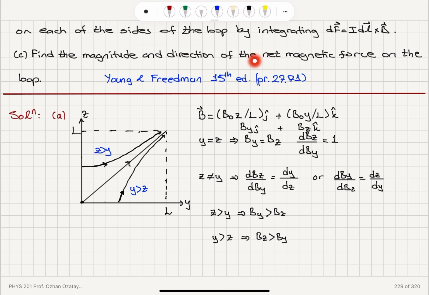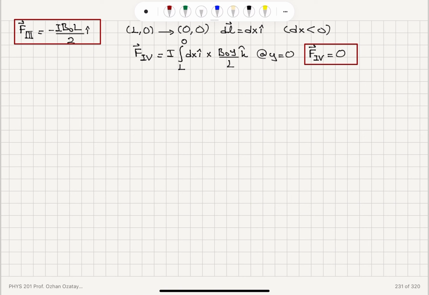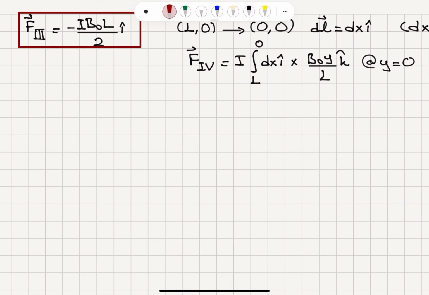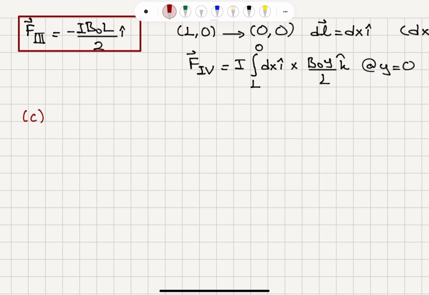Okay, so let's move on to part C. Find the magnitude and direction of the net magnetic force on the loop. Well, we have evaluated this force for all segments of the loop, so we can just add up the contributions. The net force on this loop will be the force on the first segment plus the force on the second segment plus the force on the third and the force on the fourth segments.